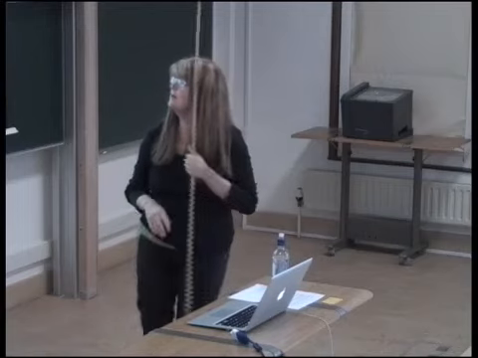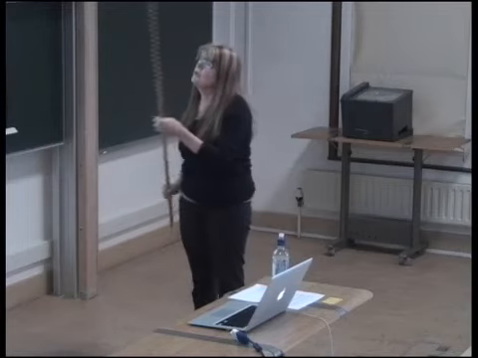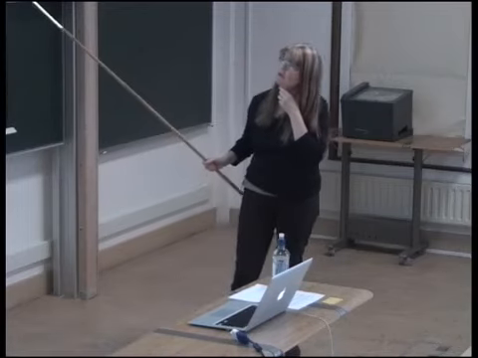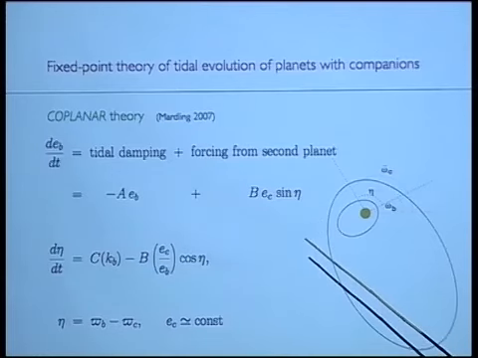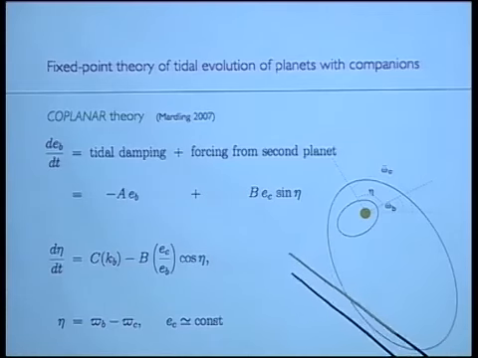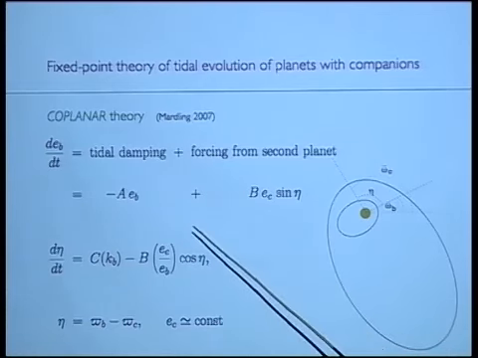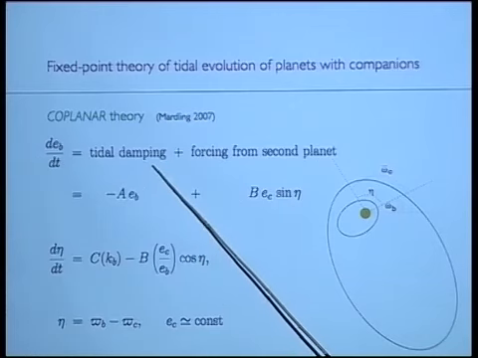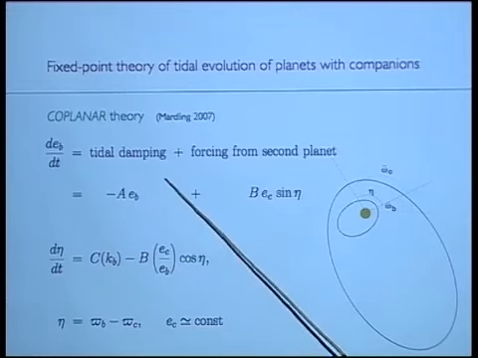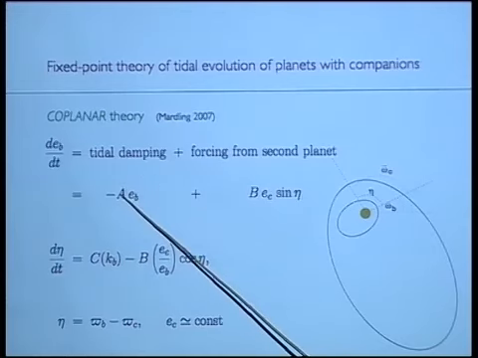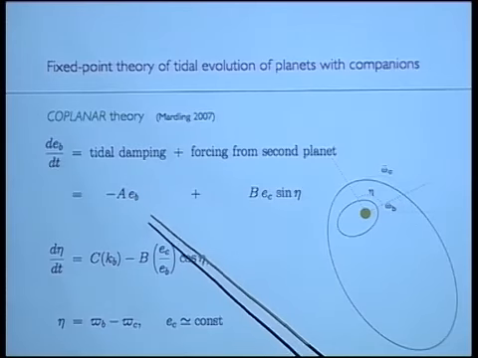So here's just a very brief overview of how the fixed point theory works. You have two planets. The innermost planet is close enough to the star to experience tidal evolution, tidal damping, and without the second planet, the eccentricity would just decay to zero.